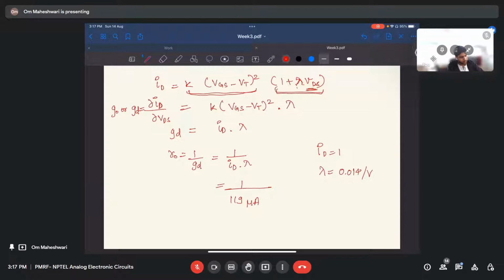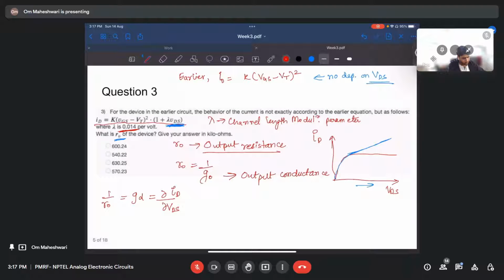So with ID equal to 119 microamperes and lambda 0.014, if we solve this, R naught comes out as 600.24 kilo ohms. So this is the answer. Is there any doubt in this part?